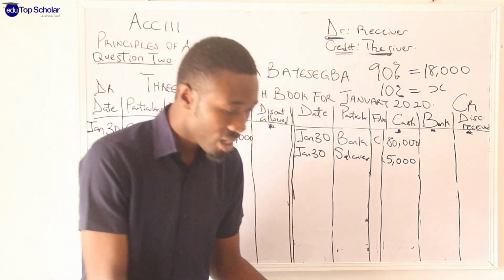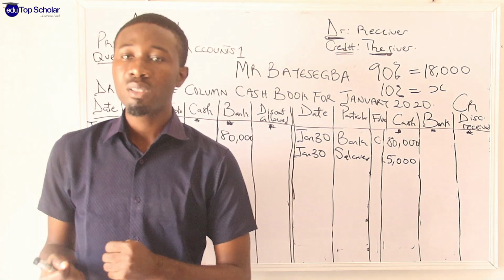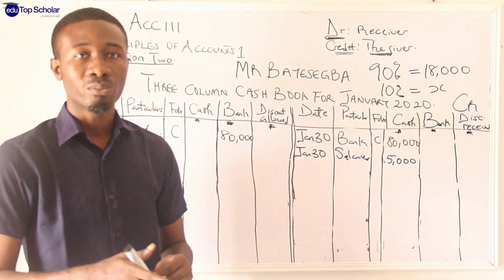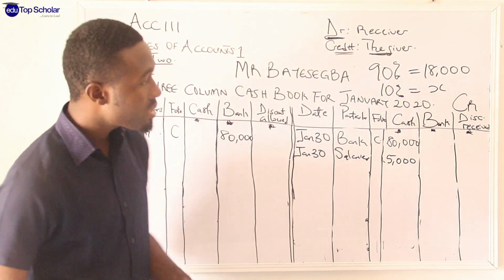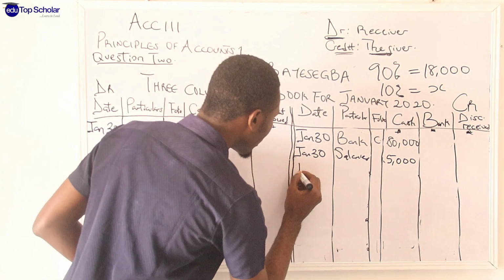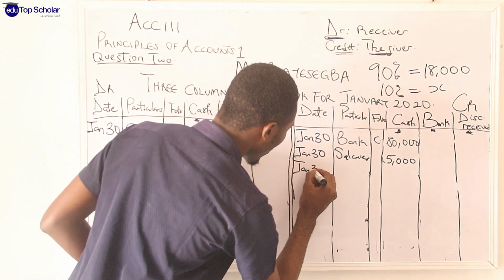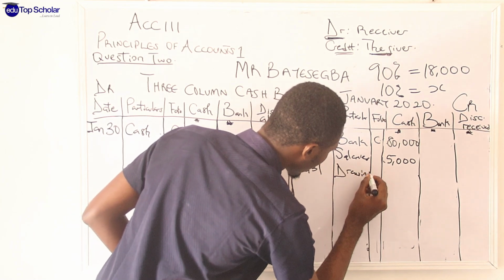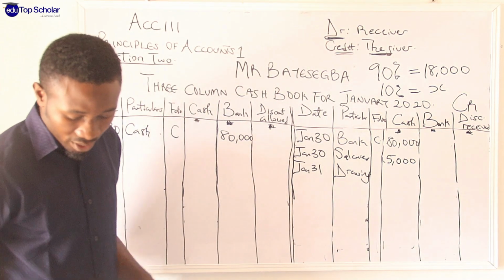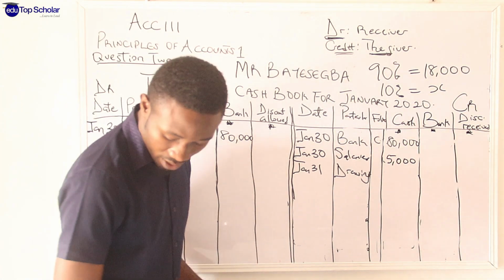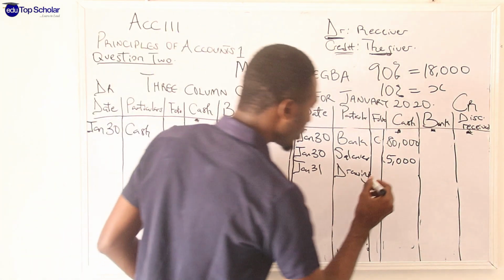The owner of the business took out money and used it not for the purpose of the business, but for a personal purpose, which is his son's school fees. So the business is giving out money and it will be recorded on the credit side. January 31 is recorded as drawings, 3,000 naira under bank because he withdrew it from bank.